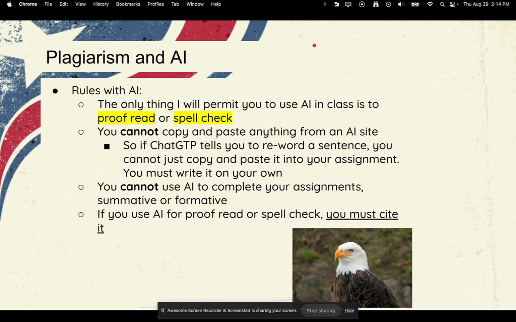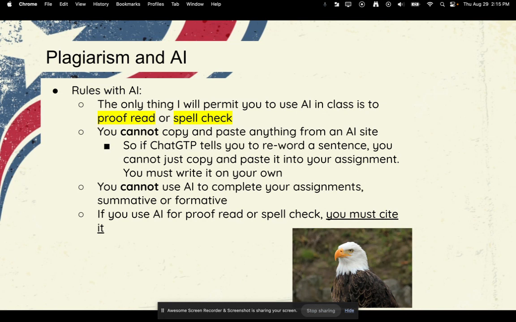The only thing I will permit you to use AI for in class is to proofread and spell check. So you cannot copy and paste anything from an AI site. For example, if you're using ChatGPT and it tells you to reword a sentence, you cannot just copy and paste that sentence into your assignment. You must type it out on your own, okay?